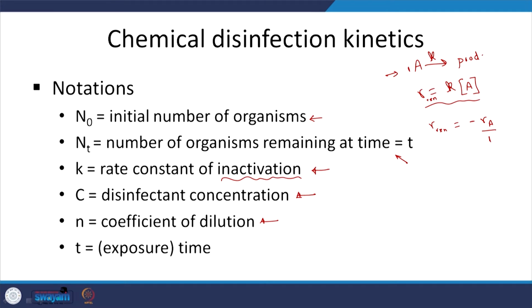n is the coefficient of dilution, which we will look at later. t is the exposure time. How much time are the relevant pathogens being exposed to that particular concentration in that particular reactor. So, exposure time or contact time.